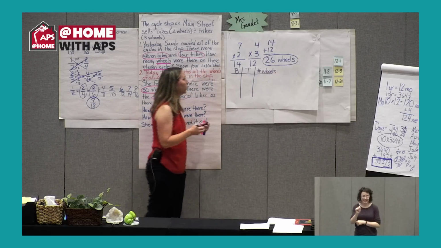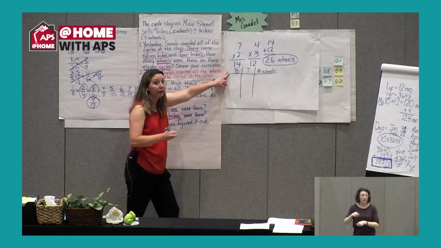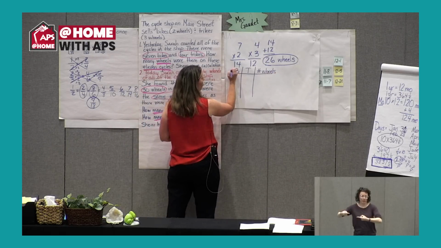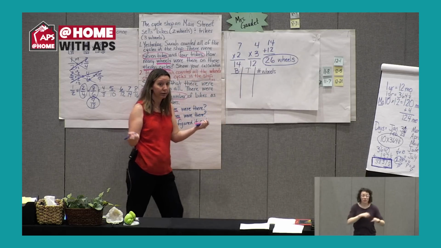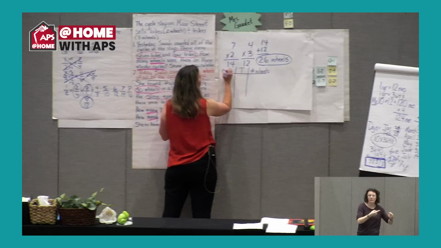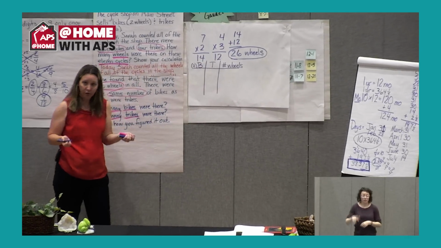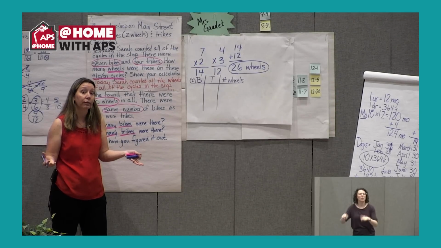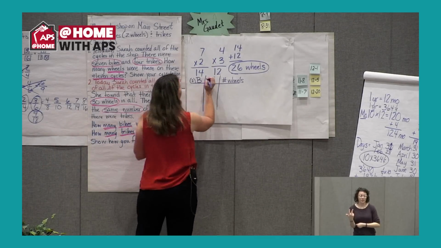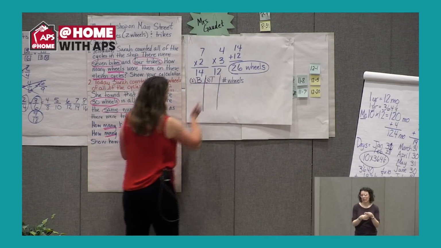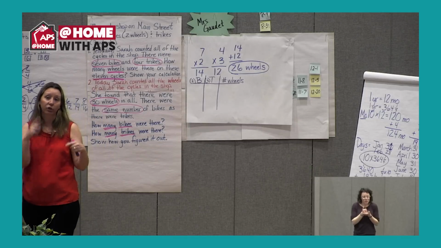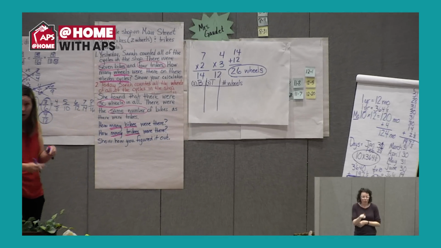One piece of information that I like to put in my table is how many wheels of each one. So a bike has how many wheels? 2. A tricycle or a trike has how many wheels? 3. So I put that information because it reminds me that I'm not just counting the bikes and trikes to get to 30.